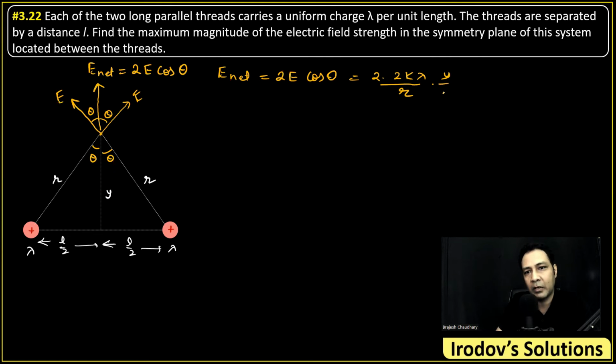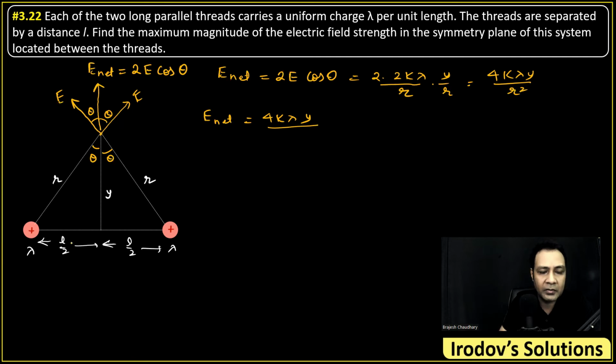So now I have 4k lambda y by r square. Putting the value of r, this is 4k lambda y divided by y square plus L by 2 whole square, which is y square plus L square by 4.